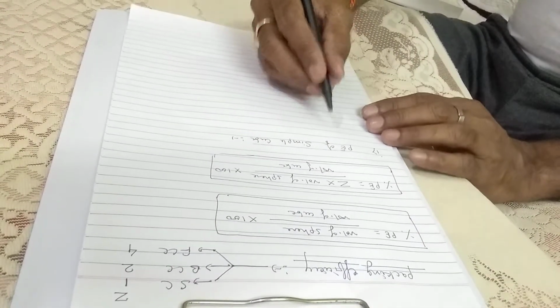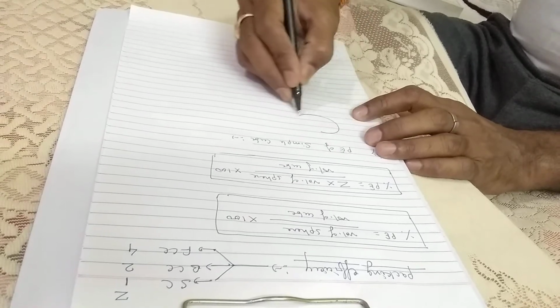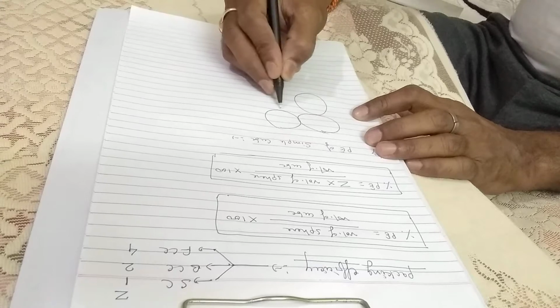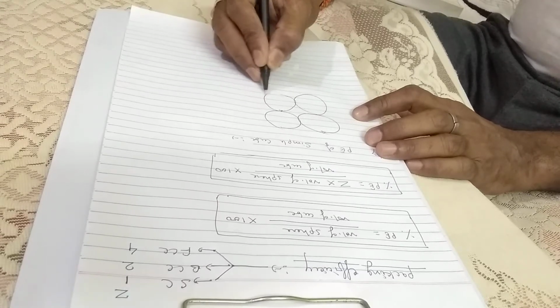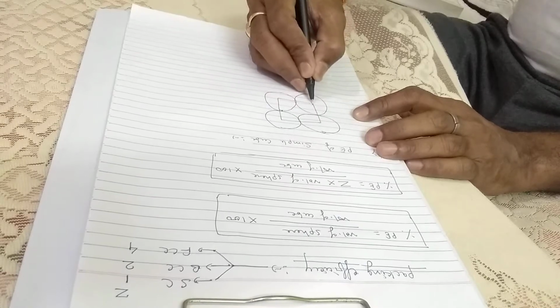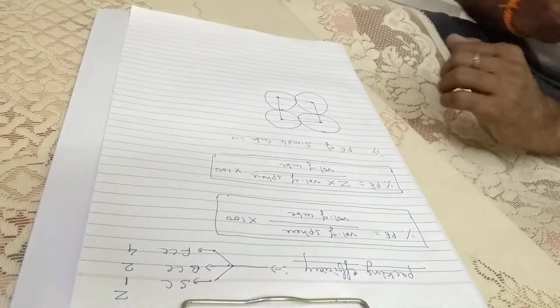Now see, simple cube means what? This is simple cube, only corners are there, and corner atoms touch each other.